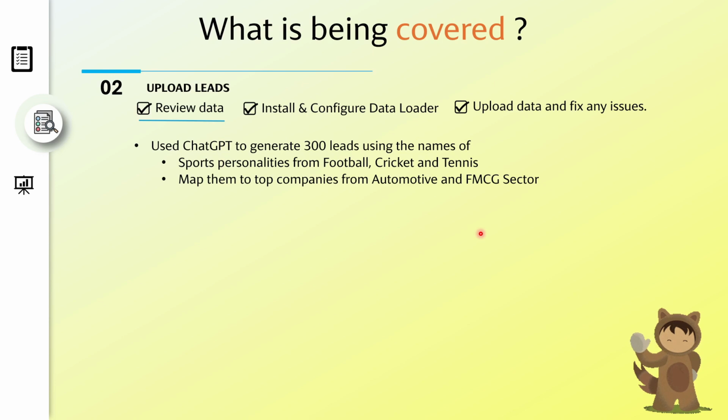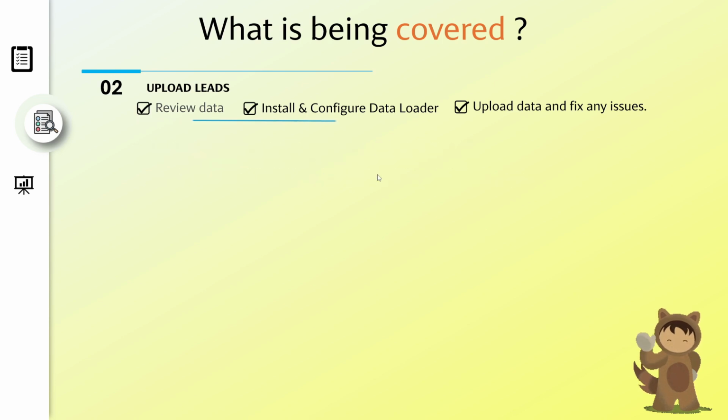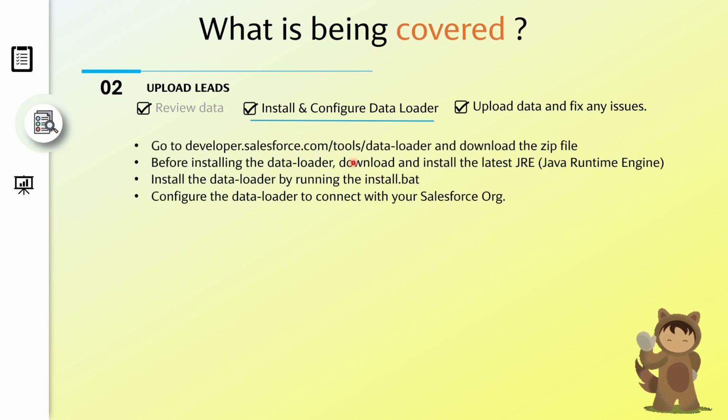All right, so next we'll also install and configure the data loader. Before we jump in, let's look at what we're trying to do at a high level. We go to the URL where we will be downloading the latest data loader. This will be a zip file which will come with an install.bat file.